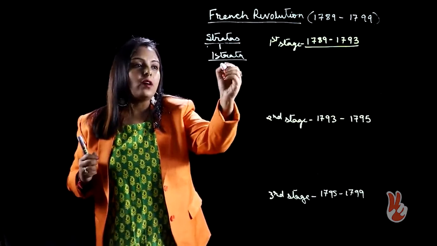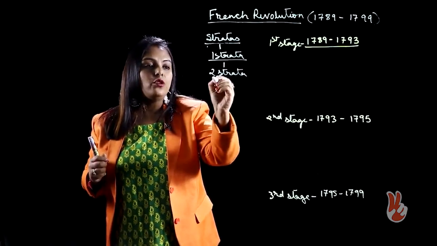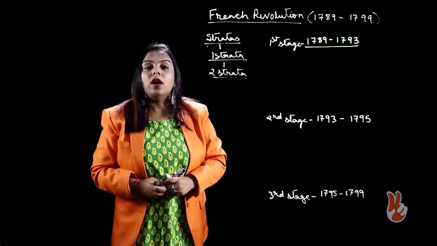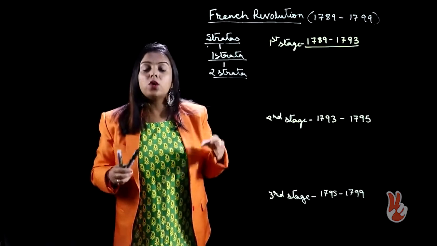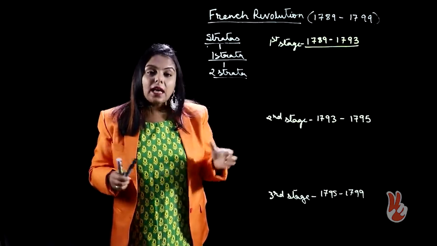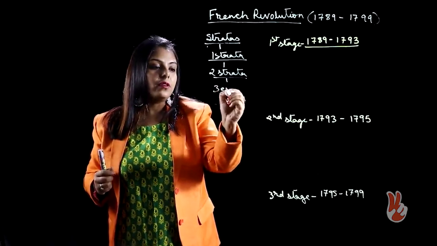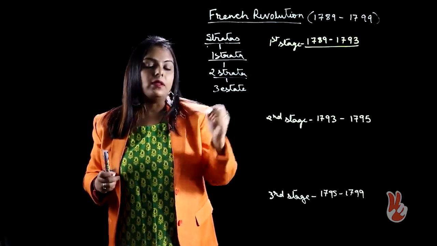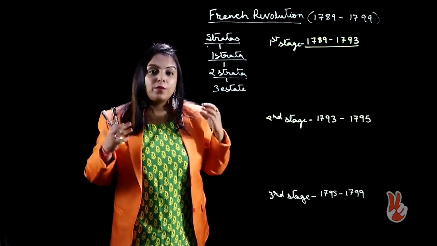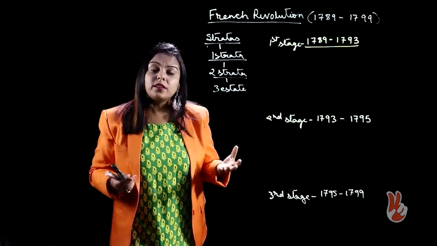The second stratum was that of the clergy, and they had the right to impose certain tax on the people. The Church of France also had land holdings, and they got service from the people. The last, the third estate, was the common people, the class which had merchants, peasants, writers, lawyers, the newly educated middle class.